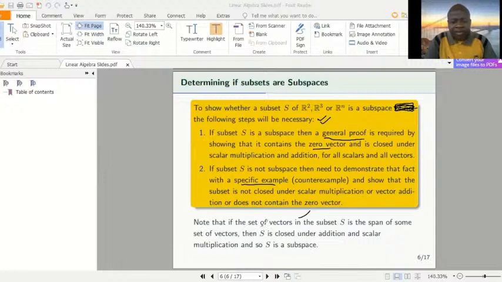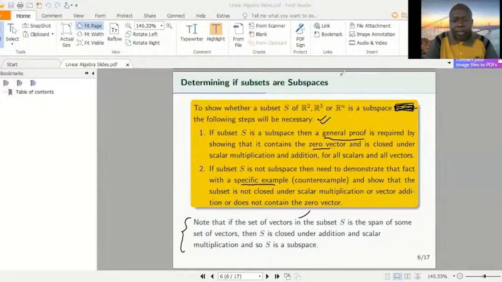Now I've said that note that if the subset S is the span of some of the vectors, then S is closed under addition and scalar multiplication, and so S will be a subspace. We'll show an example capturing this point, and when that time comes for that example, I'll make this point clearer to you.